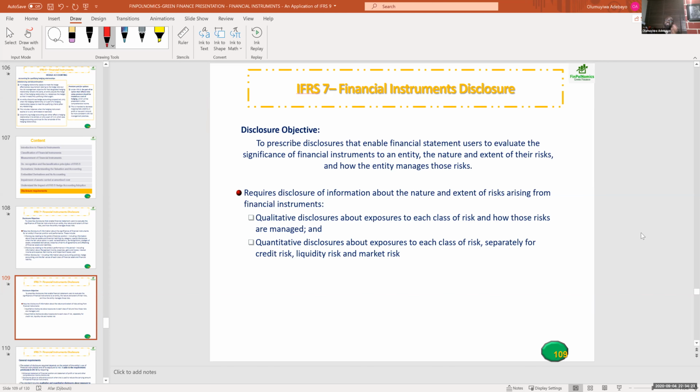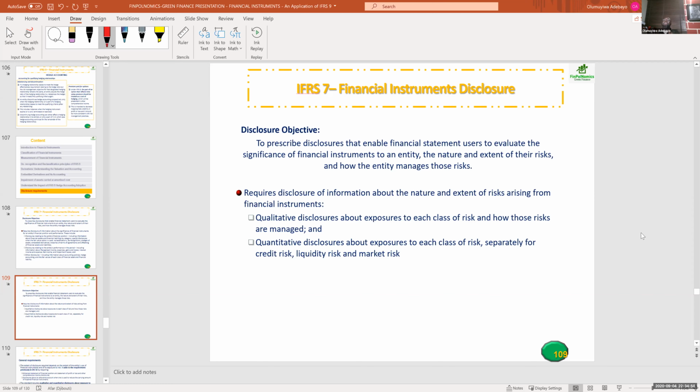Statement of financial position, statement of profit or loss and other comprehensive income, statement of changes in equity, statement of cash flows, and notes to financial statements. And we said they are all of equal prominence. Notes to financial statements is like a disclosure to make users of financial report have better knowledge of that financial statement so that they can make meaningful decisions.